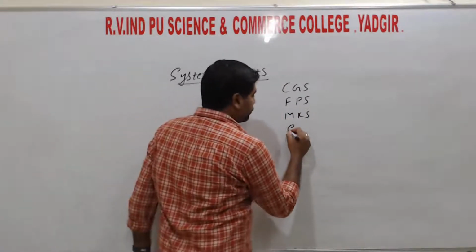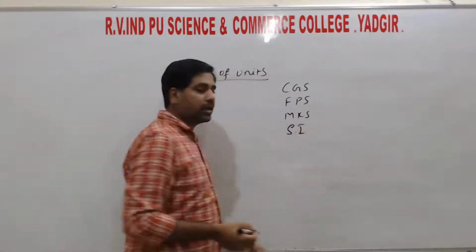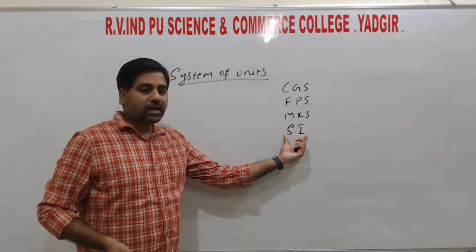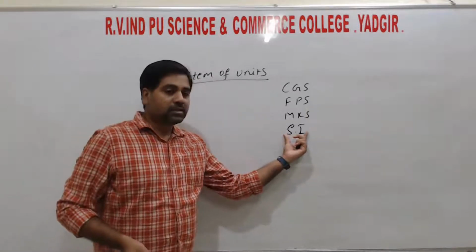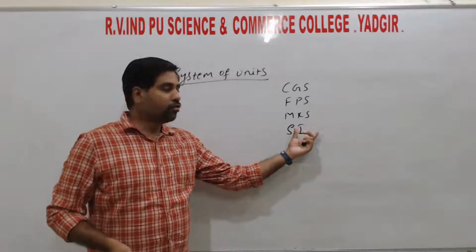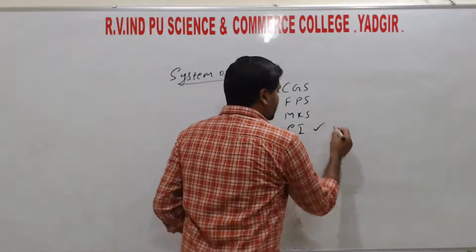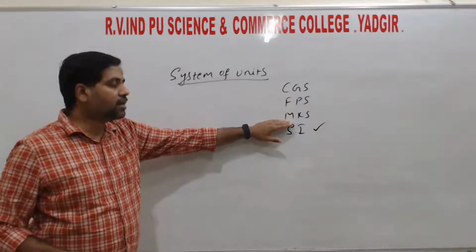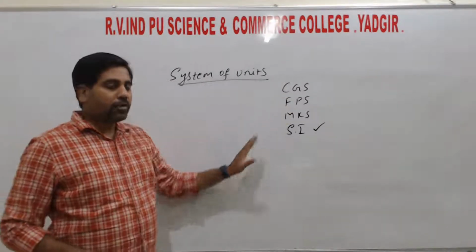Here we are using SI, the standard international system of units. We are using the SI units. Next we discuss what the CGS, FPS and MKS systems of units are.